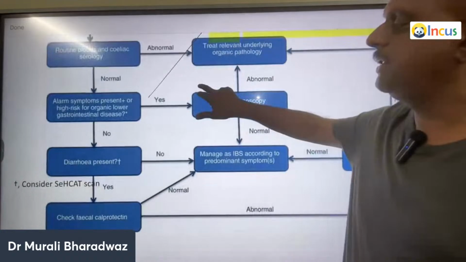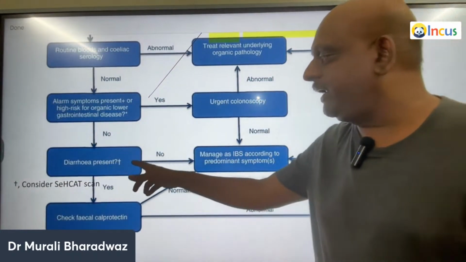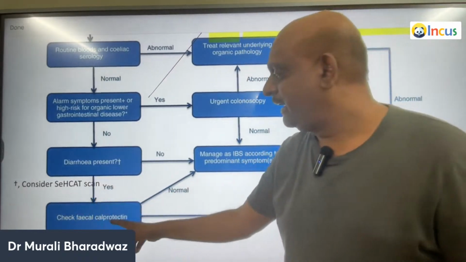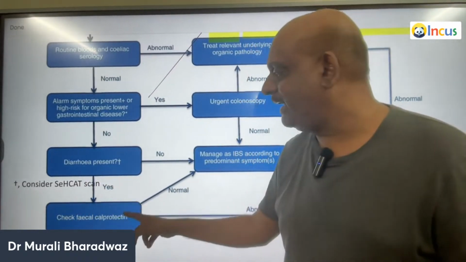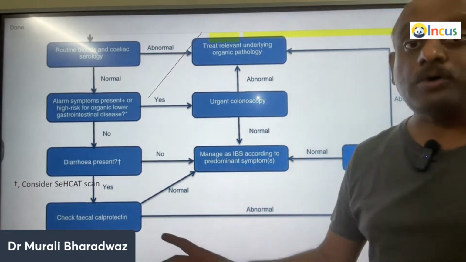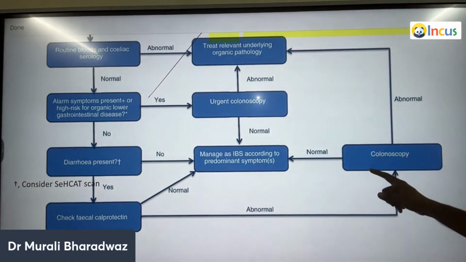So once they are not there, look whether there is any diarrhea. If there is diarrhea, consider the SeHCAT scan. Then check fecal calprotectin. Suppose it is abnormal, then do colonoscopy.